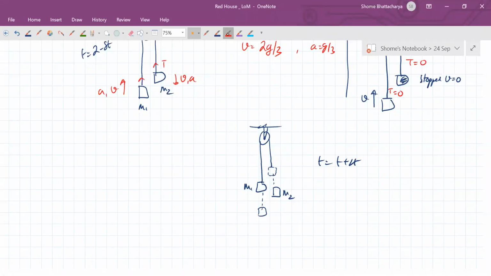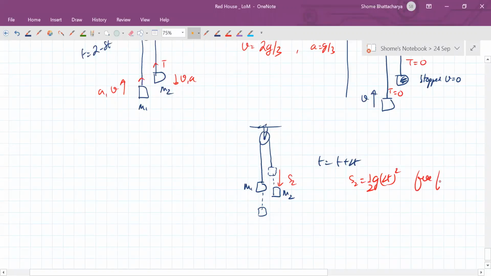So what has happened is that this block has made a displacement s2 equal to half g delta t square because it's in free fall, whereas this block has made an upward displacement s1, and that will be u times delta t minus half g delta t square.